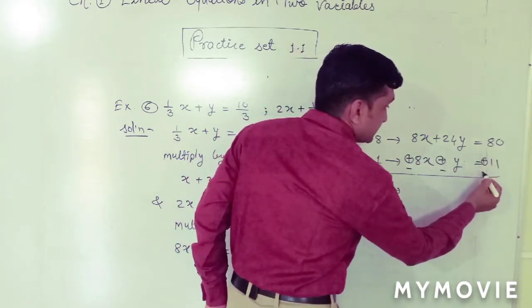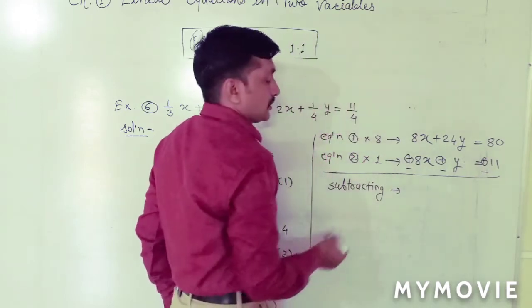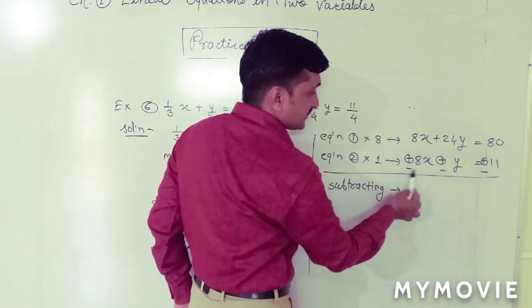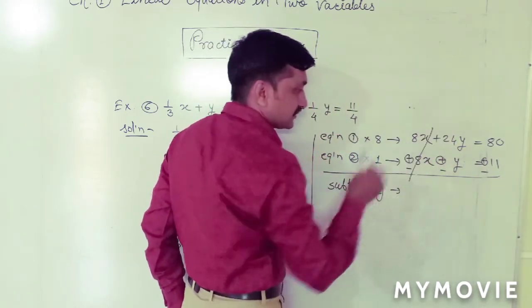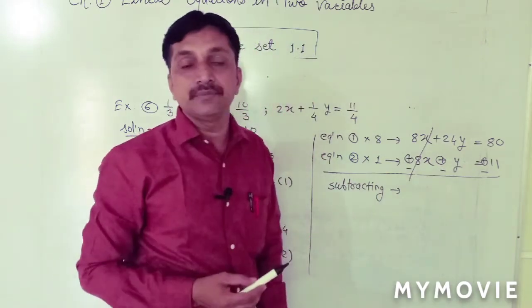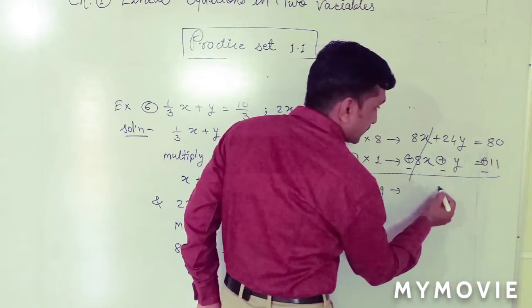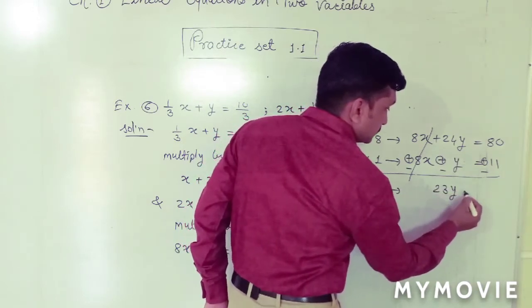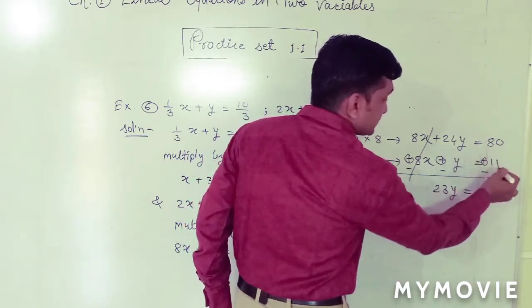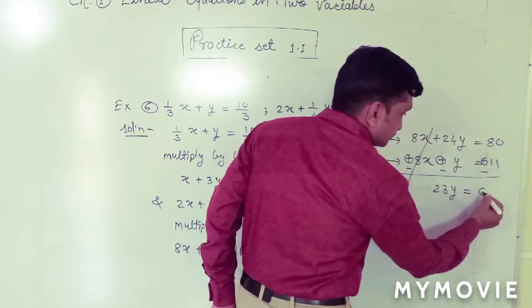Whatever the original sign is, we have to change it. Now here, 8x minus 8x, value 0, cancel. That we call elimination. 24y minus 1y, 23y, is equal to 80 minus 11, 69.